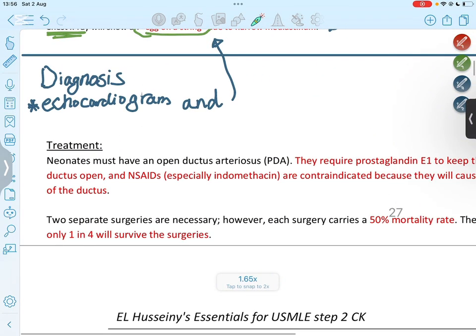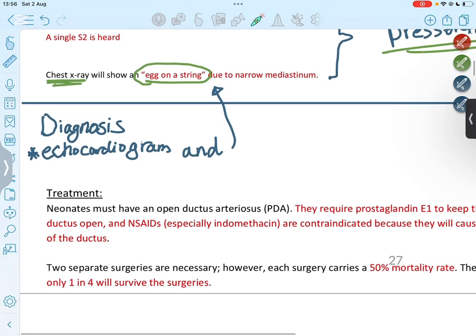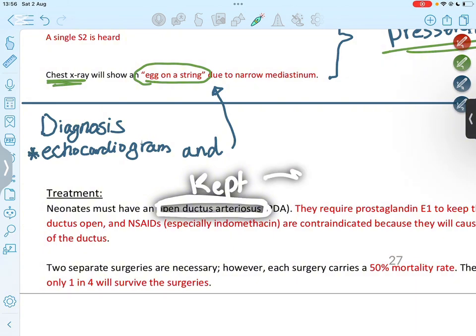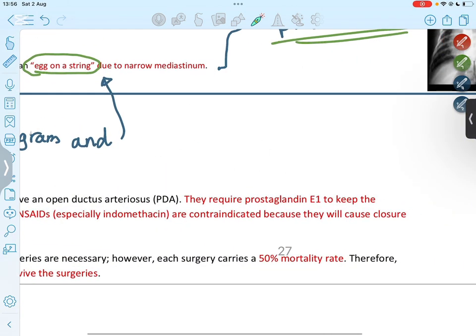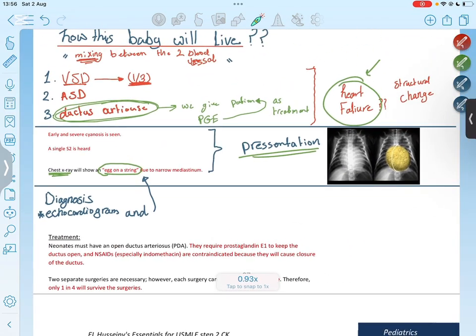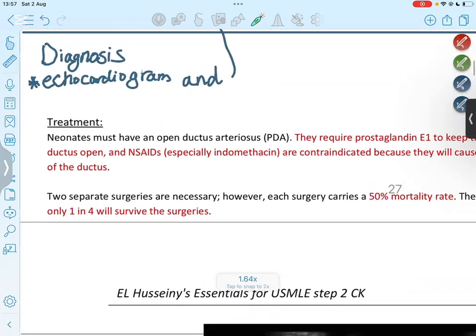What is the treatment? The patent ductus arteriosus must be kept open. How do we keep it open? By giving Prostaglandin E1 to keep the ductus open.